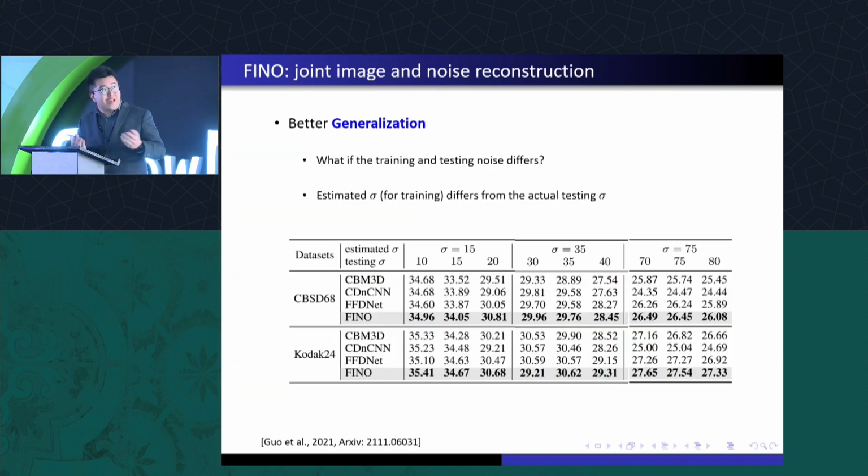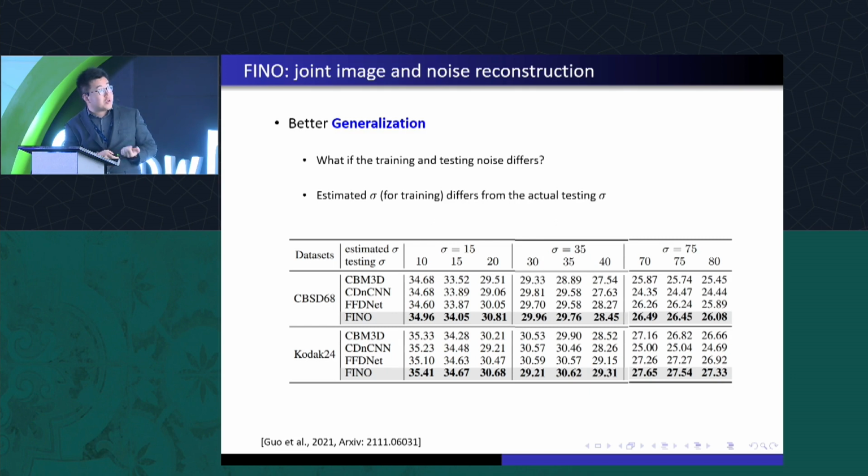And we also do a lot of testing, and this is quite similar to the talk given by Prof. Ringha just now, where we're thinking about robustness or generalization in practice. Because in practice, we cannot guarantee that the sigma or the noise level in the training will always match the testing. It's possible that you get some images which are even noisier than your training images. We find that this is a common challenge for existing denoising methods.